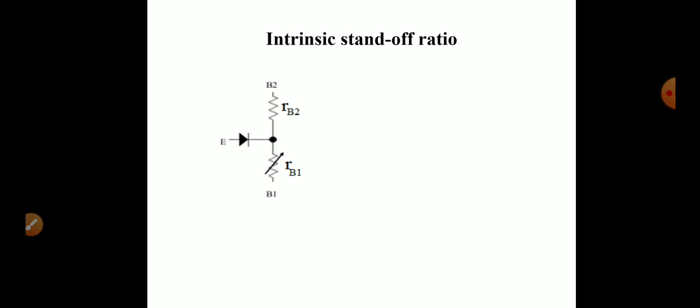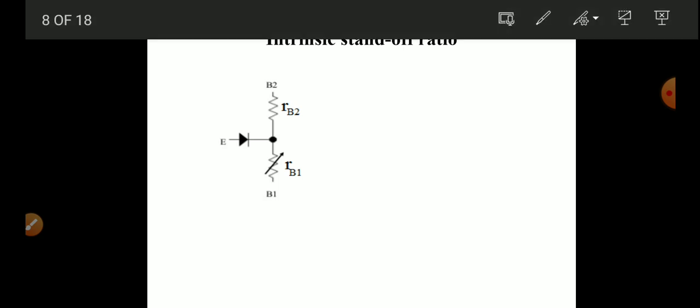To explain the intrinsic standoff ratio, we have to consider the equivalent circuit of the UJT. For intrinsic standoff ratio, we have to apply an external supply voltage. Here we are going to apply the external supply voltage to B2 and B1.